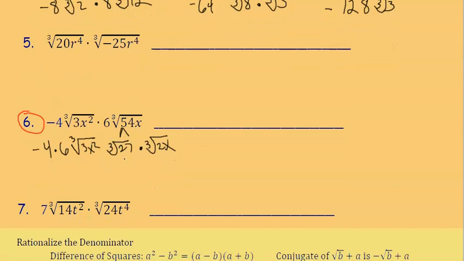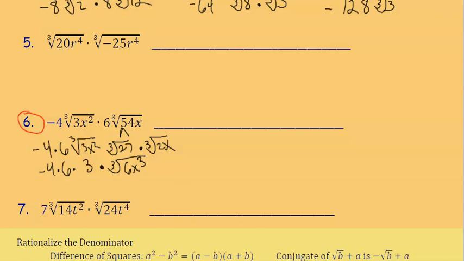The cube root of 27 is 3, so we have negative 4 times 6 times 3 times what's left on the inside. The cube root of 6x to the third power.